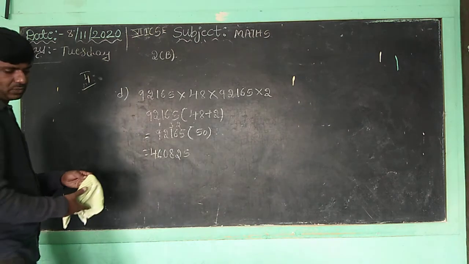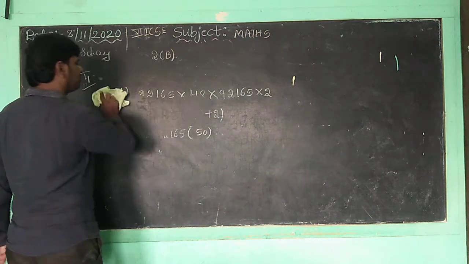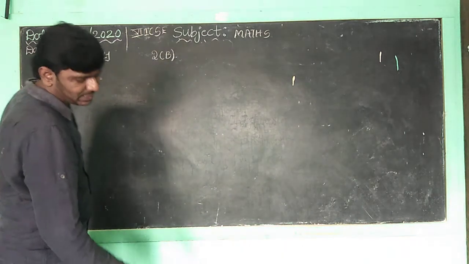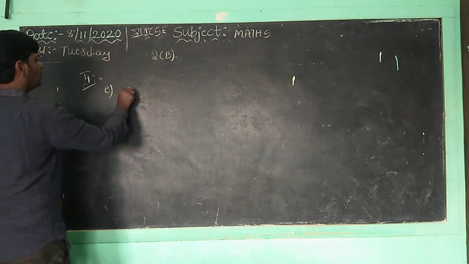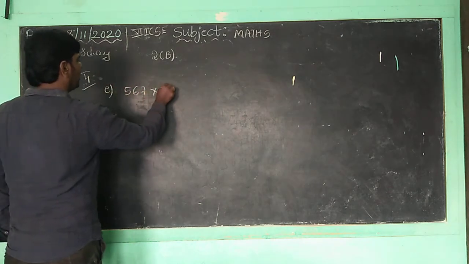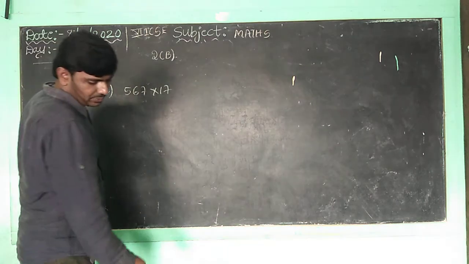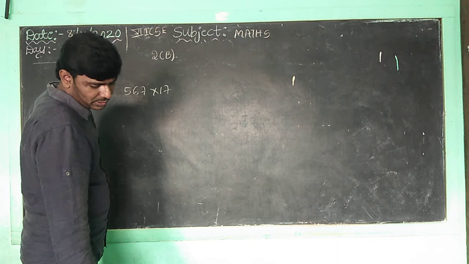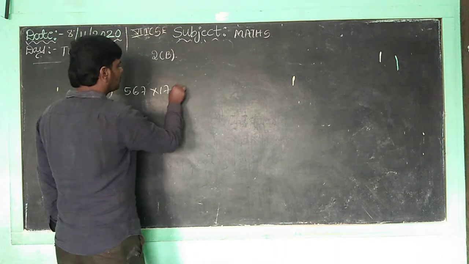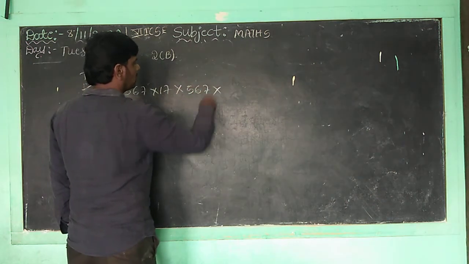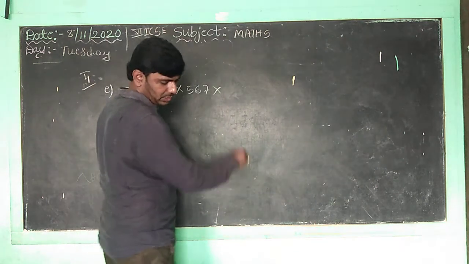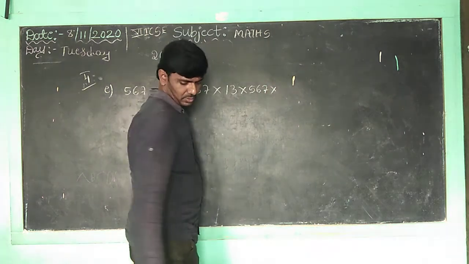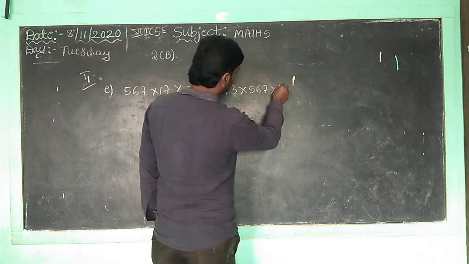Next, now we want to take E. What is that? 567 into 70 plus 567 into 30.